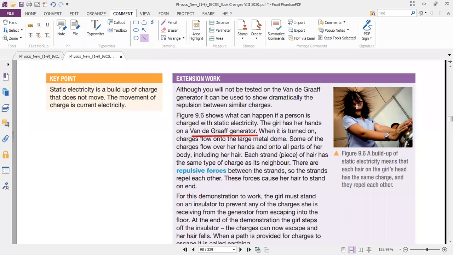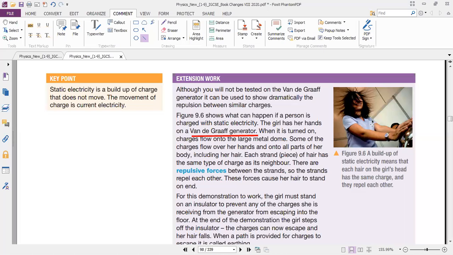The hairs gain similar charges, they repel, and so the hairs are scattered everywhere. It shows that the hair gets similar charges. The girl's head has the same charge, and they repel each other. So building up of static electricity means that each hair on the girl's head has the same charge, and they repel each other.